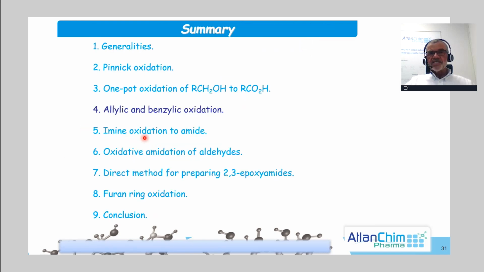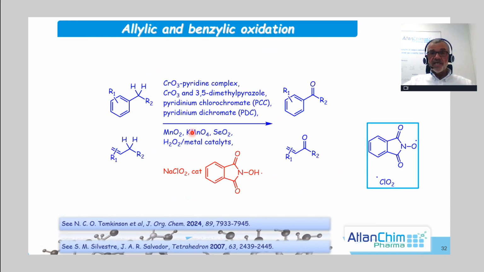Allylic and benzylic oxidations are an important synthetic transformation due to their wide variety of applications in the synthesis of pharmaceuticals as well as fine chemicals to get the corresponding enone and benzoyl derivatives respectively. Traditionally, chromium-6-based reagents such as the ones presented here on this slide are used.